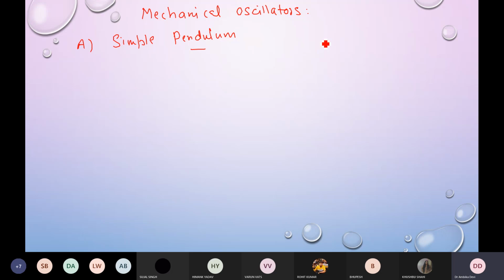You might be aware of what a simple pendulum is, and today we are going to see what the parameters for the simple pendulum are, and what the equation of motion for the simple pendulum should be.